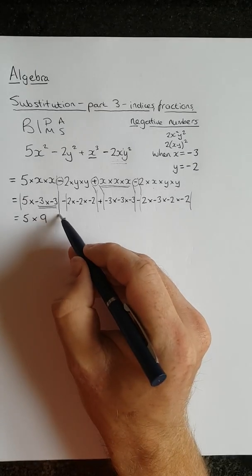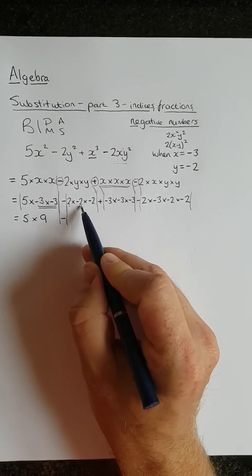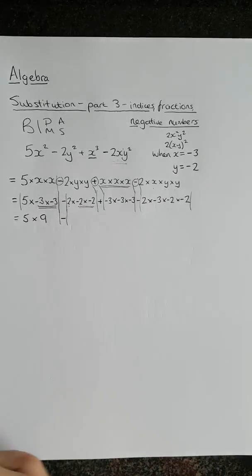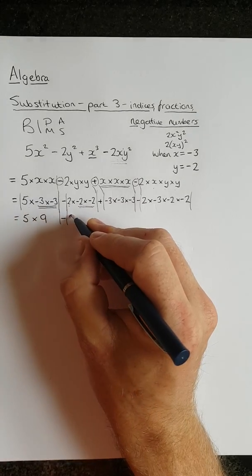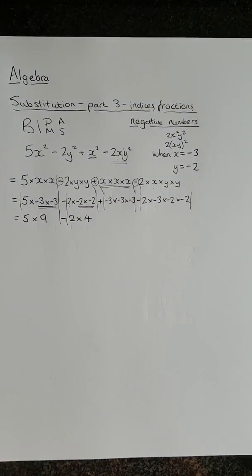Subtract. That carries on down. -2 times -2 is 4. So it's 2 times 4. I could have worked both of these out, but I chose to do it in stages because that reduces the chance I make an error.